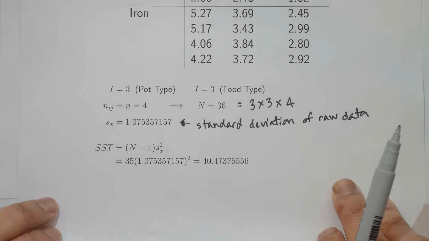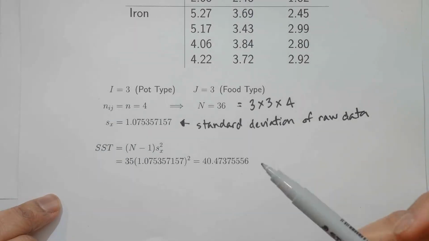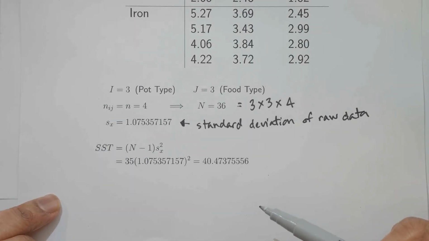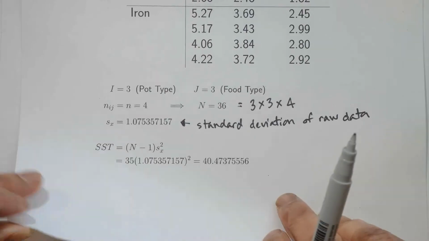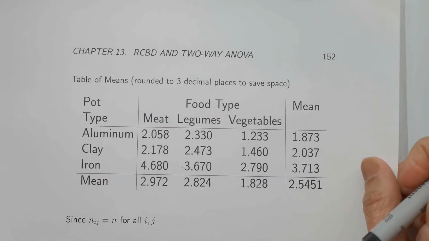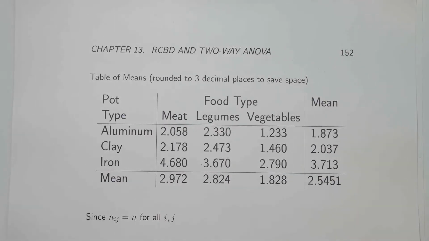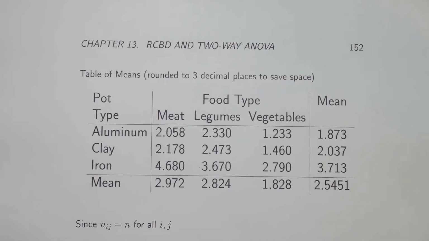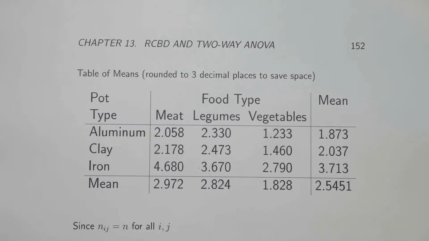Okay, so what would be the next step if we were working through this by hand? What's also useful in terms of summary statistics is to calculate our table of means and then take a look at that. Maybe I can make this a little bit bigger.